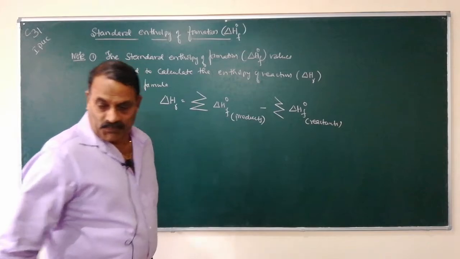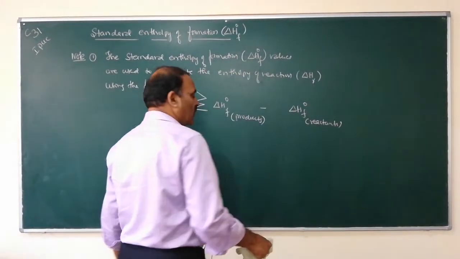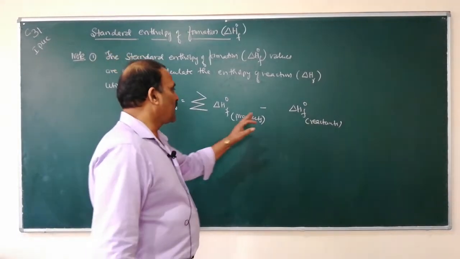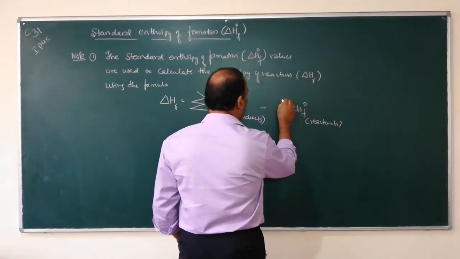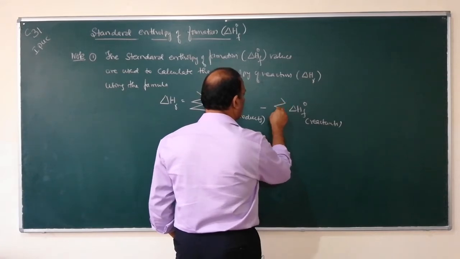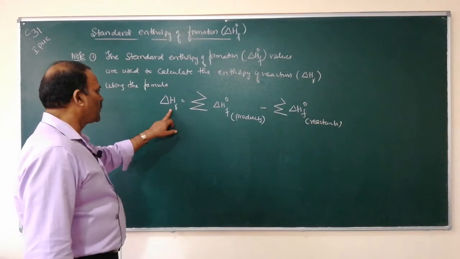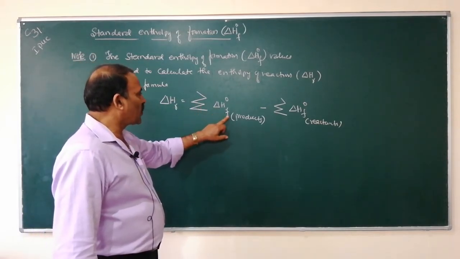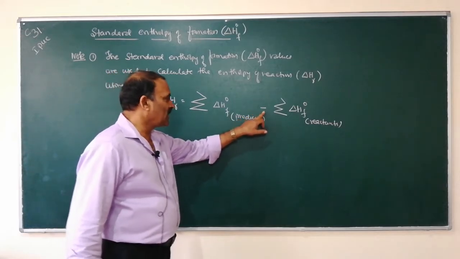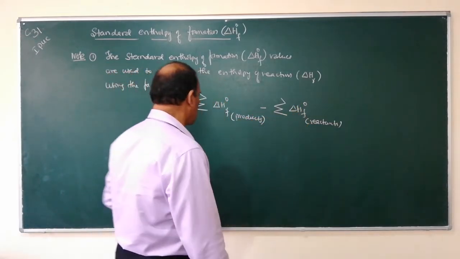So if enthalpy of formation of products and enthalpy of formation of reactants are known, we can calculate the enthalpy of reaction. So enthalpy of reaction equals sum of the enthalpies of formation of products minus sum of the enthalpies of formation of reactants.